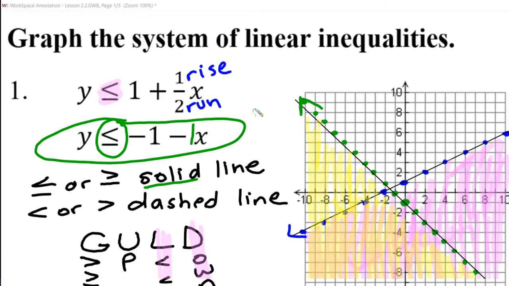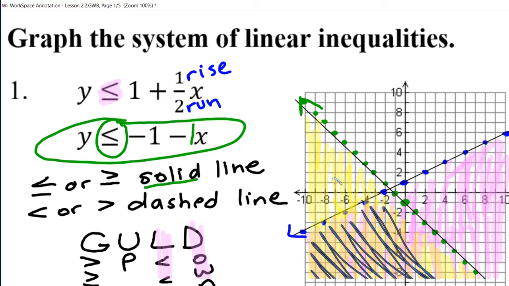So this triangle right here should be light. It was shaded one time. This triangle should also be light because it was shaded one time. But down here, make sure this is the darkest area on your paper. That dark area is what I'm looking for. That's going to be your solution. So every point in that dark area is going to be a solution.